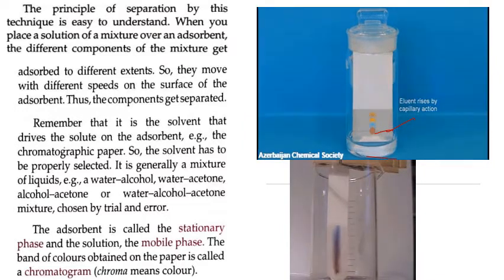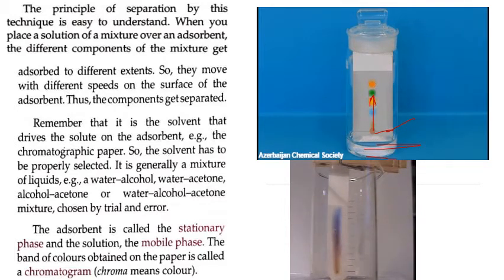This liquid moves up and up because acetone or something like this is added. We will see it. Remember that it is the solvent that drives the solute on the adsorbent, for example, the chromatographic paper. It means the solvent takes the solute onto this filter paper.